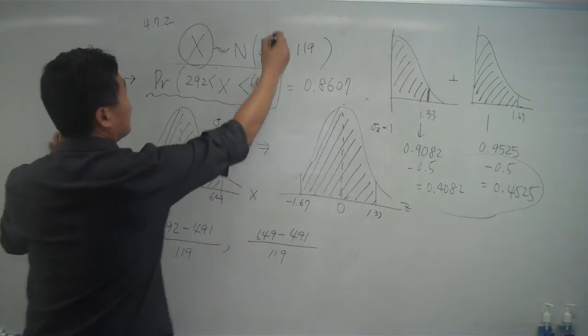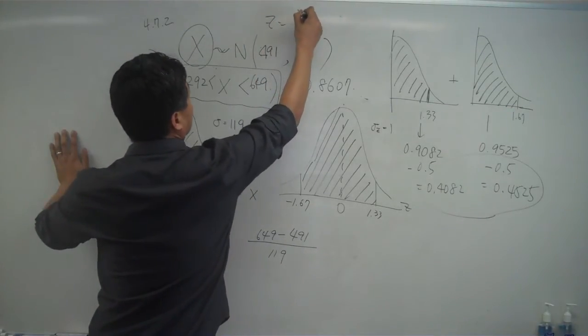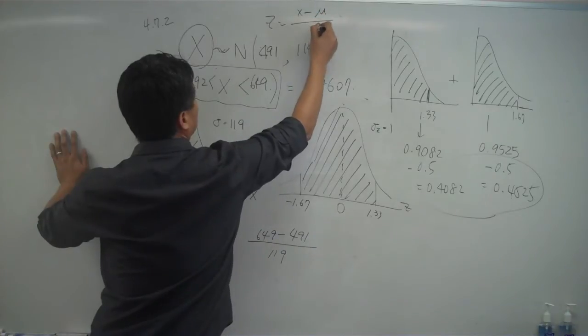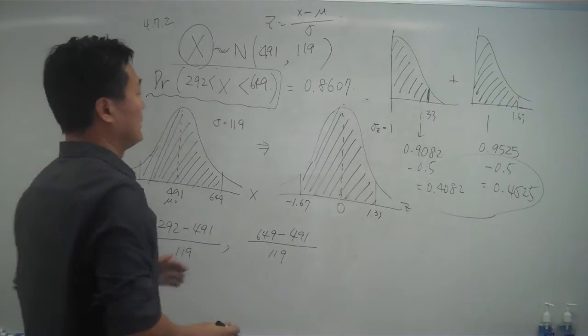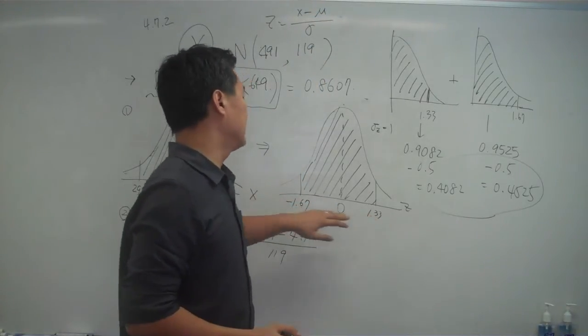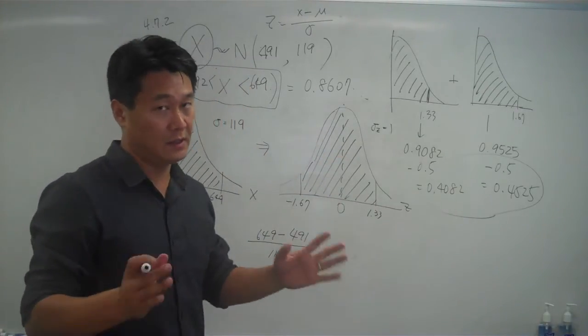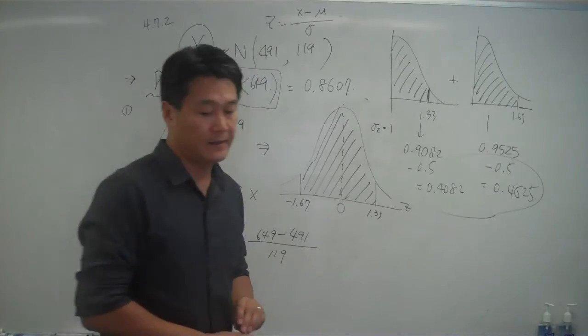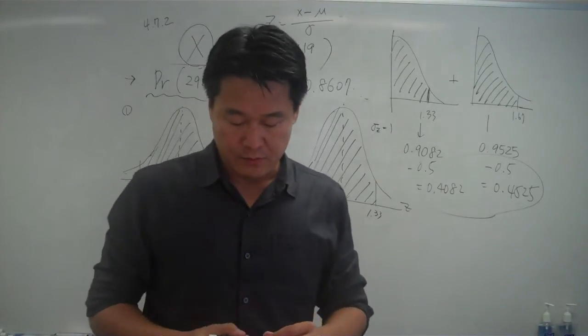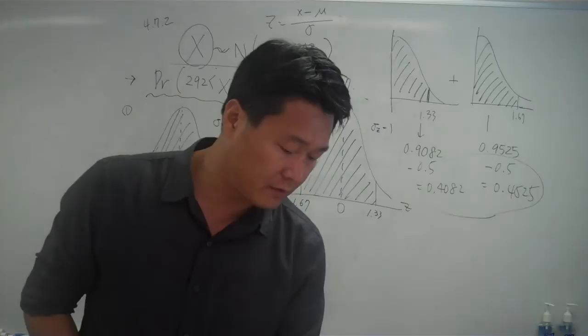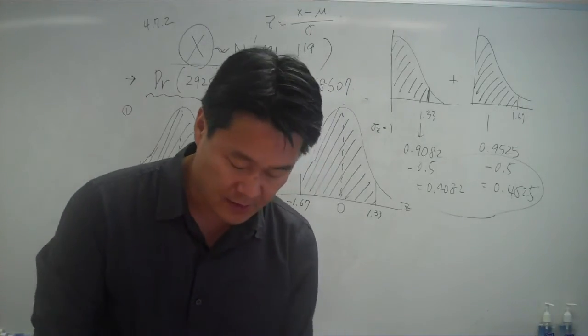That one is x minus mu over standard deviation, and then find the area using the table D in the back. So for chapter 4, maybe I think that's enough.